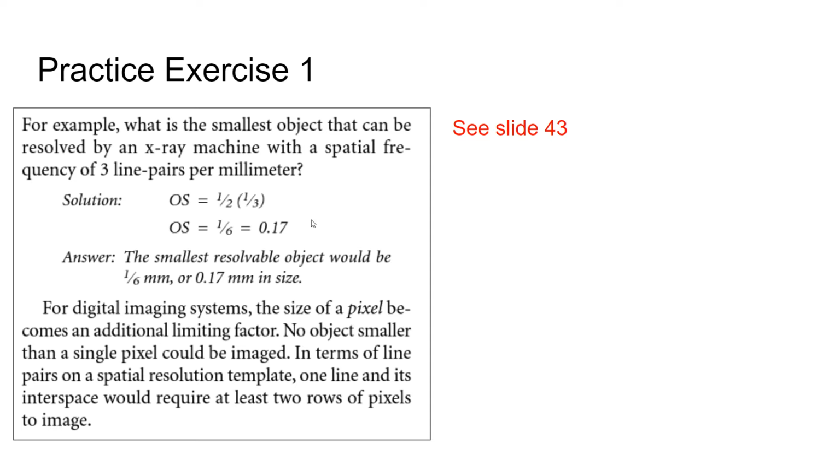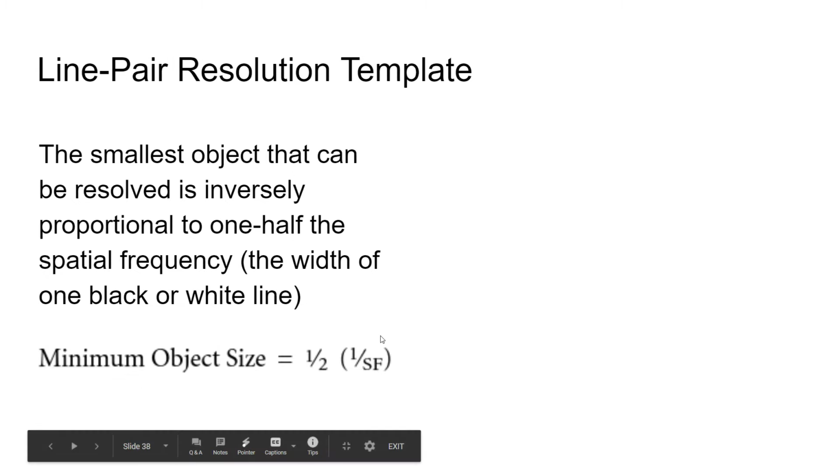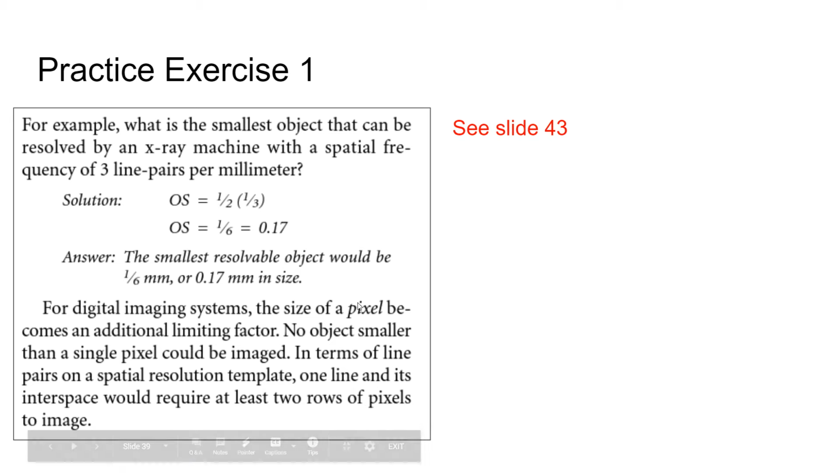This is the spatial frequency. We're all on the same page? Okay. Then it's easy. You just multiply across. 1 times 1, 1. 2 times 3, 6. Divide, because we don't like fractions. And then we could say that the smallest object that a particular X-ray room that's known to have 3 line pairs per millimeter can resolve is 0.17 millimeters.